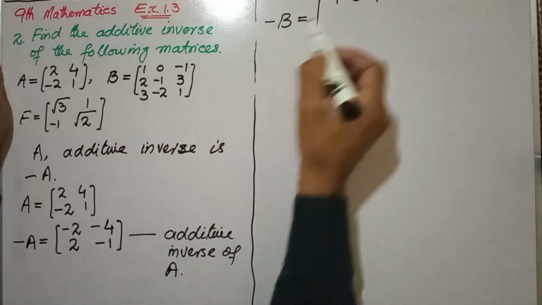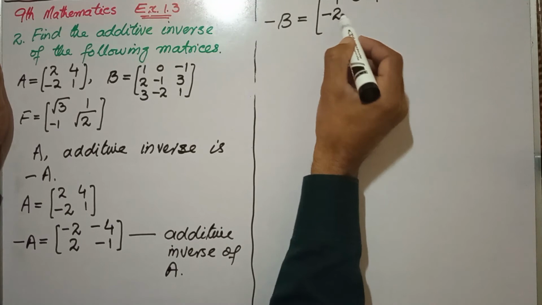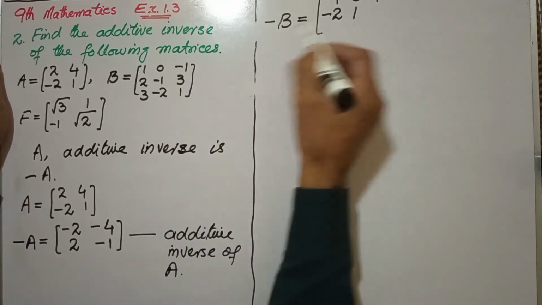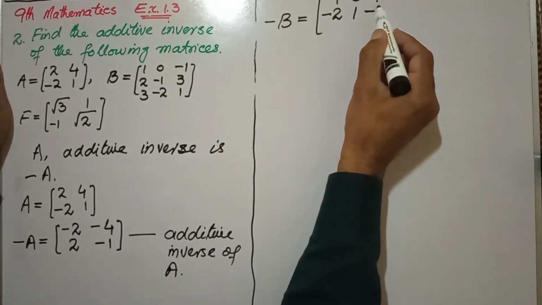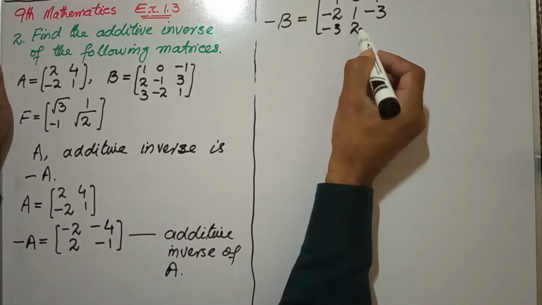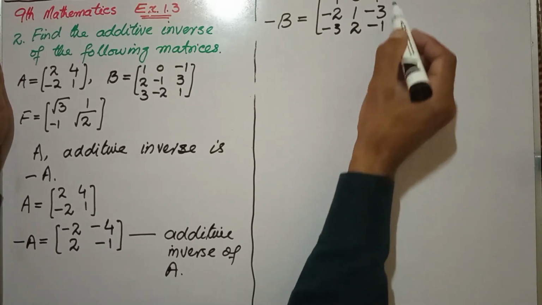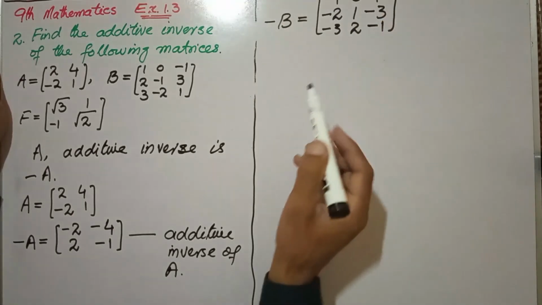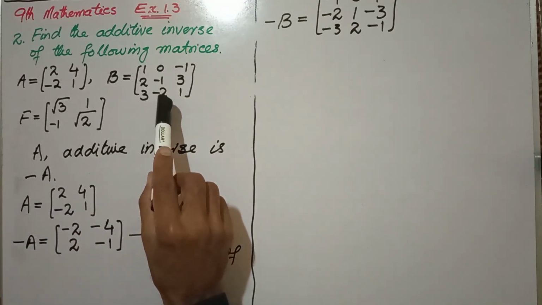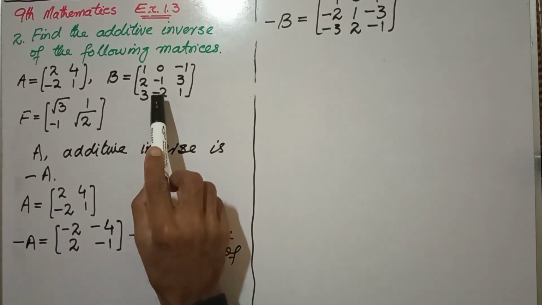Negative 1 into 2 is negative 2, and so on. In simple words, we replace each element of the matrix B by its additive inverse.